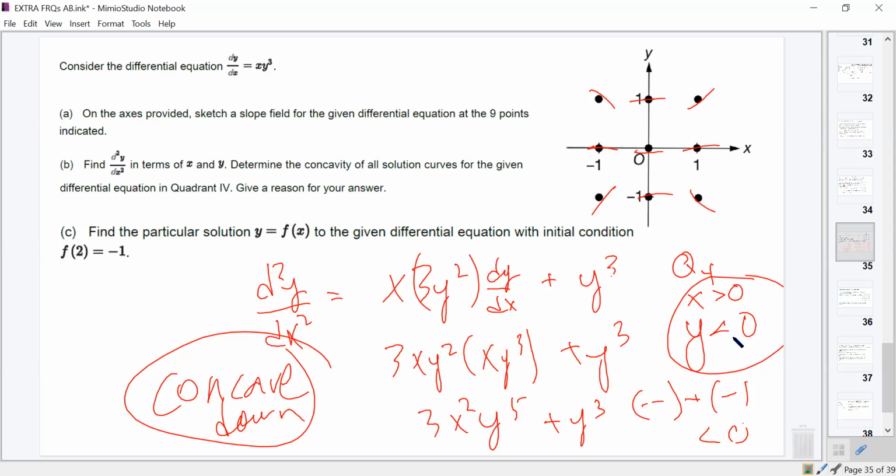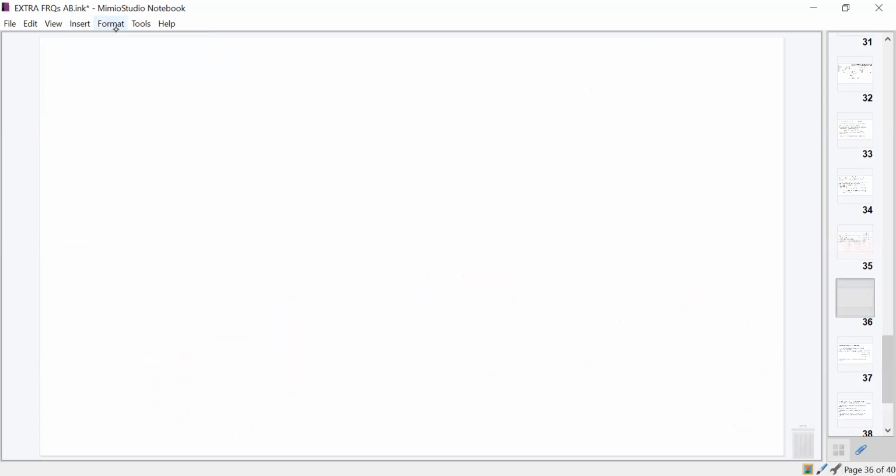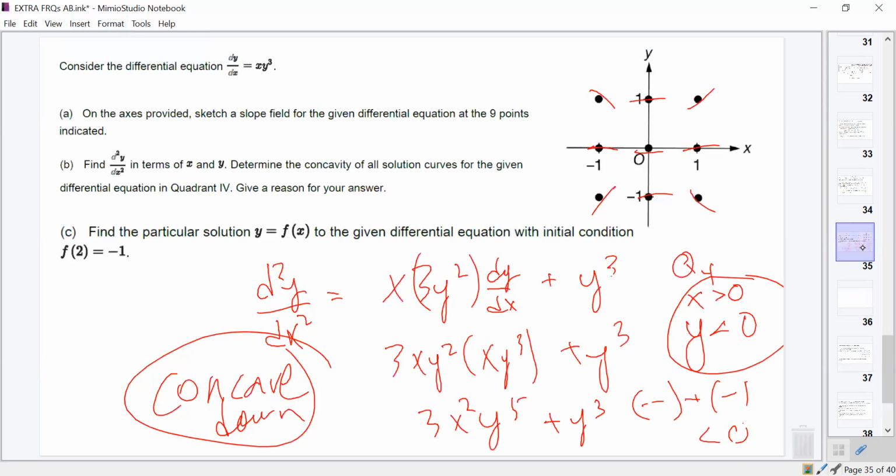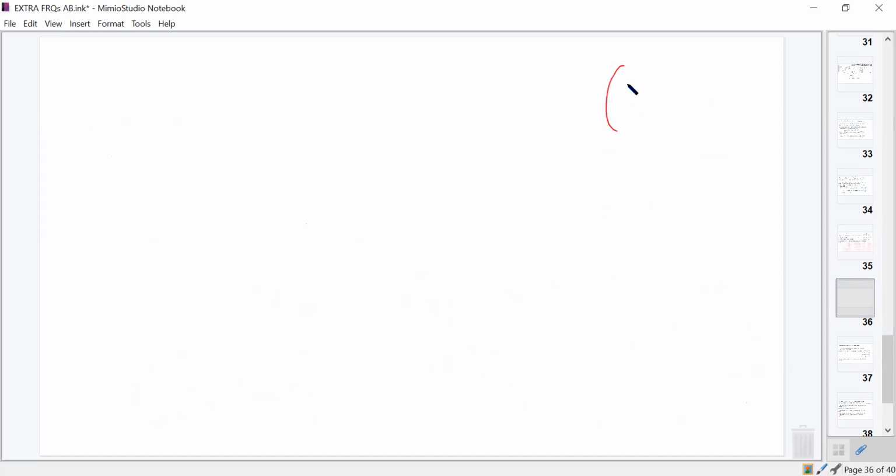Yep. Cool. All right. Part C asks us to solve this differential equation with the point 2, -1. So this is the major number of points for this problem.